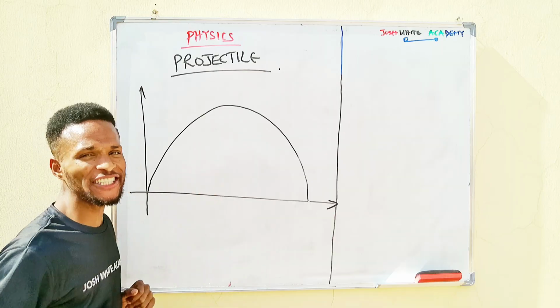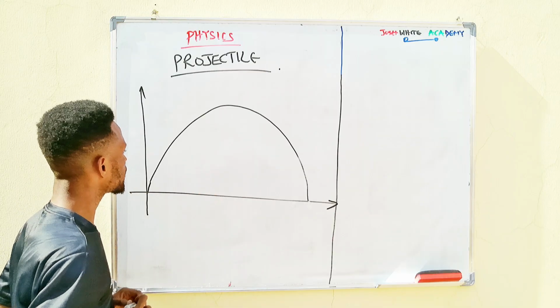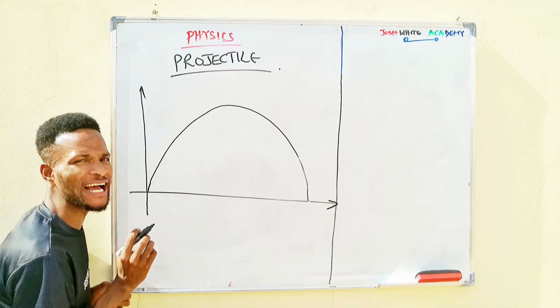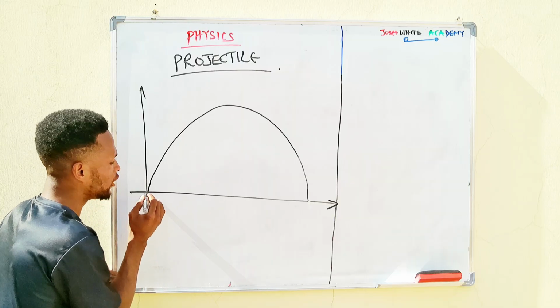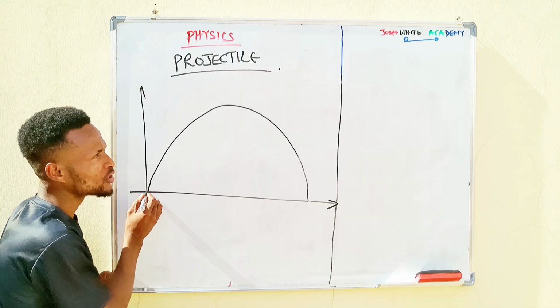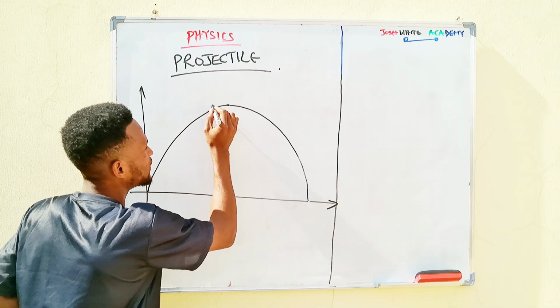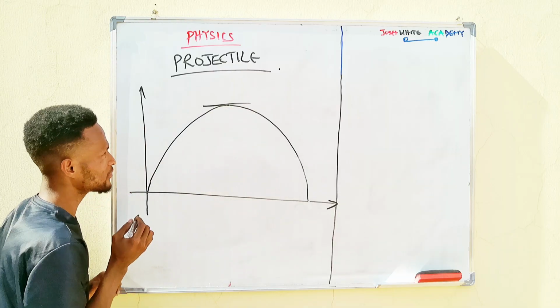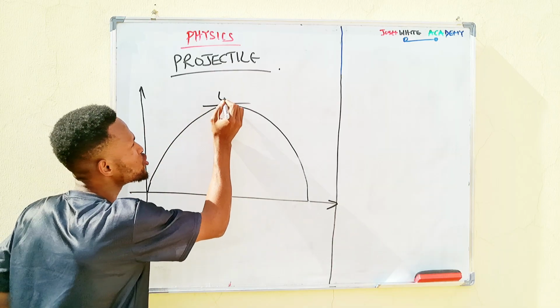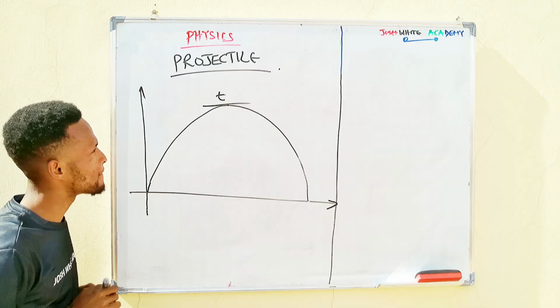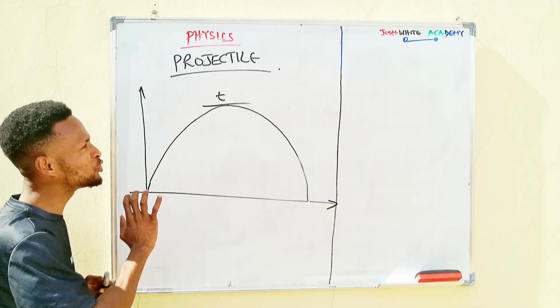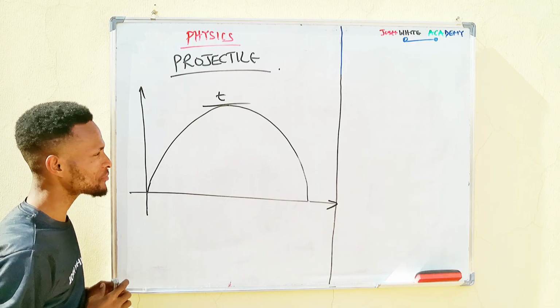So there are important things to take note. The first one is the time it takes for the projectile to reach the maximum height. That time is called small t. The time to reach the maximum height.